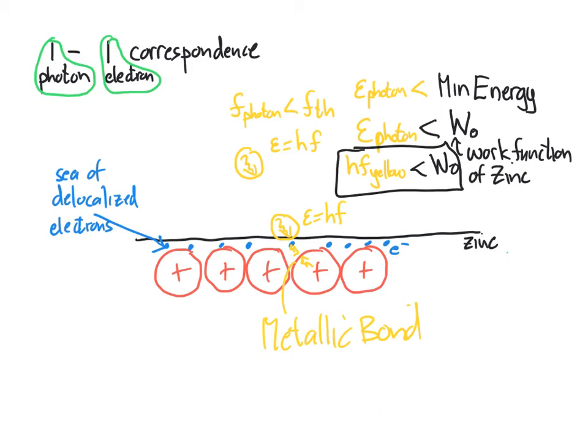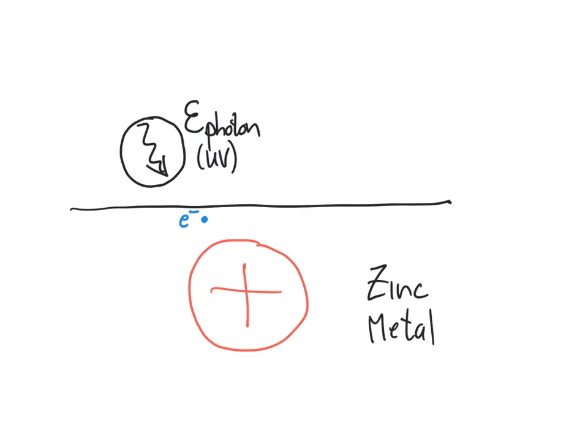Now let's look at what happens when a photon of ultraviolet light that has a frequency higher than the threshold frequency hits an electron on the surface of the metal. So I've enlarged the representation of the electron and the zinc metal ion and the photon.